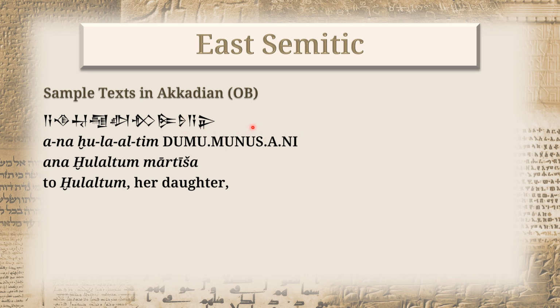Dumu munus means daughter, which is martum in Akkadian, and a ni means his or her. So his would be shu, and her would be sha. Here we need to figure out whether this is shu or sha, but because we were talking about a mother before, a female person, we need to make it sha, her daughter, which is martisha in Akkadian. So Anna Chulaltim martisha.